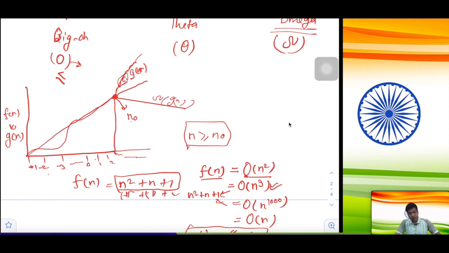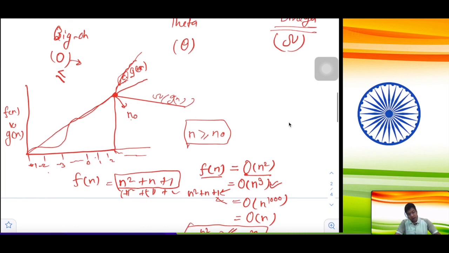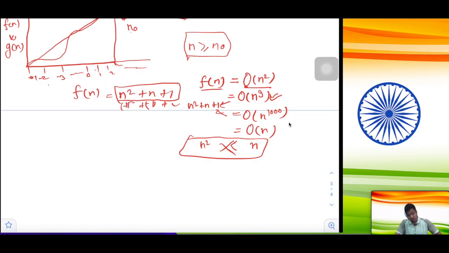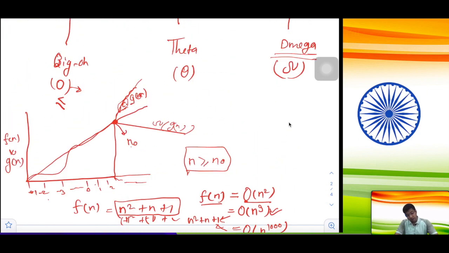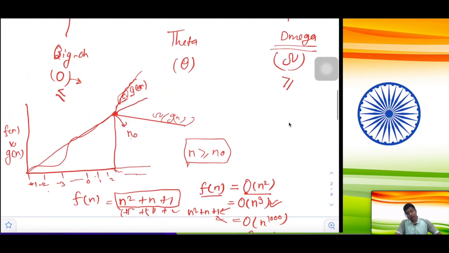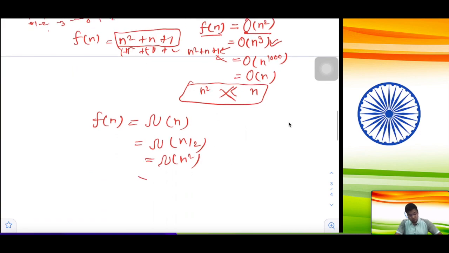To denote f(n) in omega mode, you can write omega of n, omega of n by 2, omega of n square, because omega means greater than or equal: f(n) is always greater than or equal to the omega value.